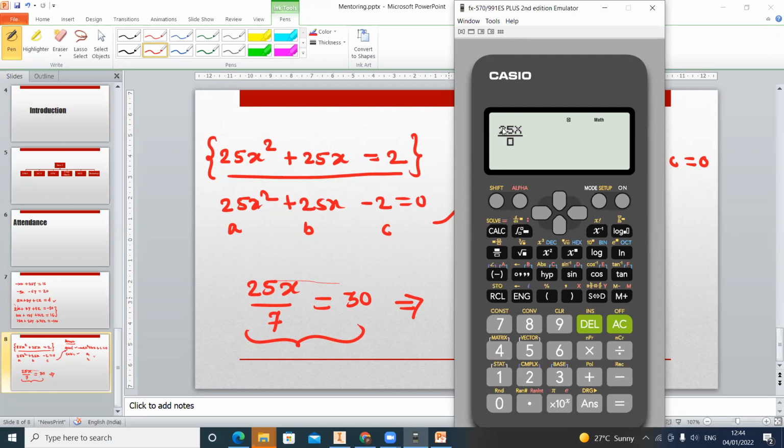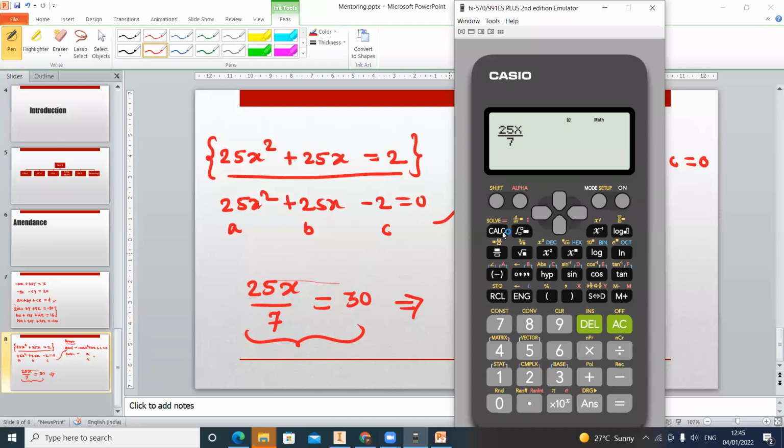Right now the equation is 25x. Press the down arrow, enter 7. Select the right arrow so that you can take the cursor outside the fraction. Then we have to enter the equal to sign. For the equal to sign there is one button, calc.